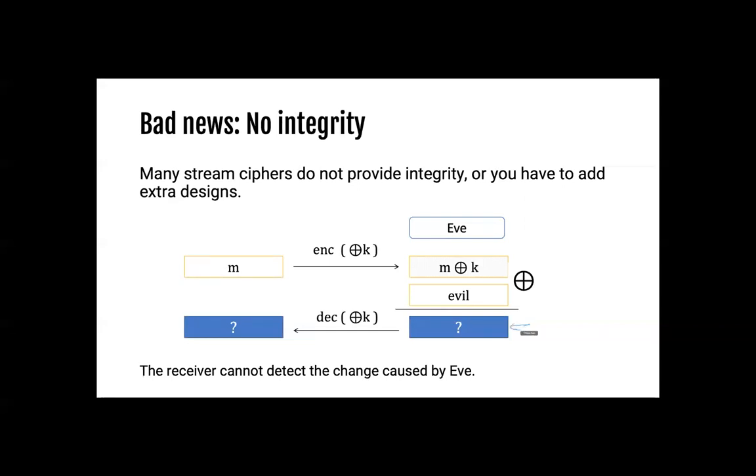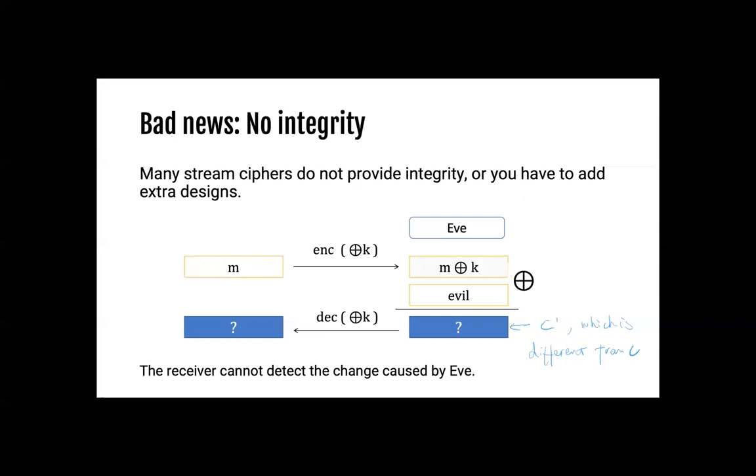This is C prime, which is different from C. If C prime is there, if someone just changed C, is there a way for Bob to realize this change? Can Bob detect the change caused by Eve?